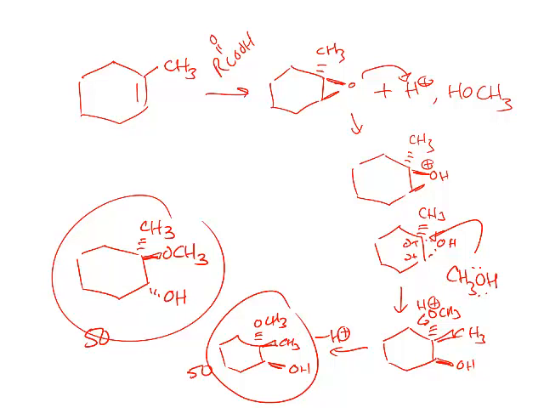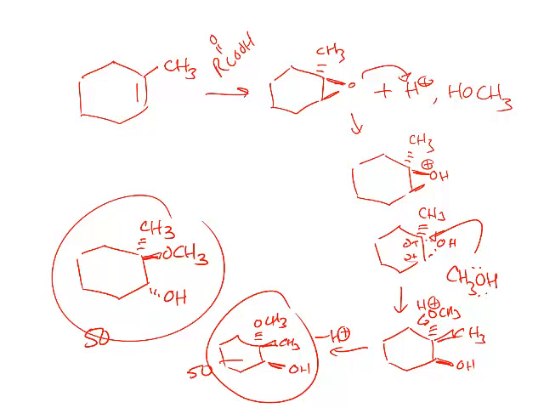So in this case, this bottom product came when the OH was above the plane of the ring. But what happened if the OH was below the plane of the ring and the methyl group was up? I would get this product. Does it matter? Well, no, it's the same thing.